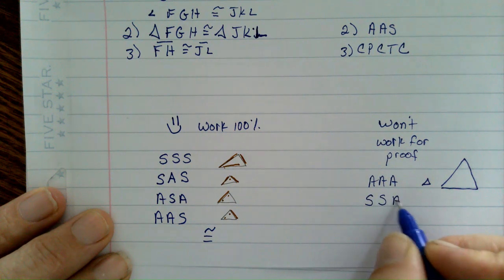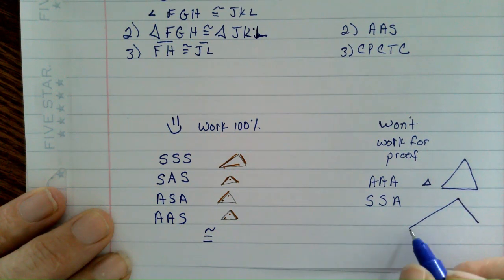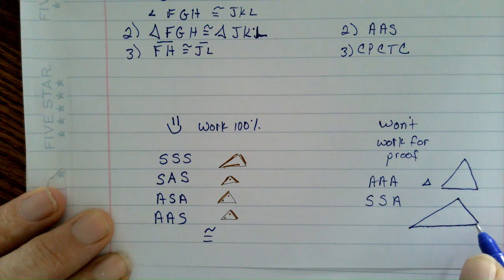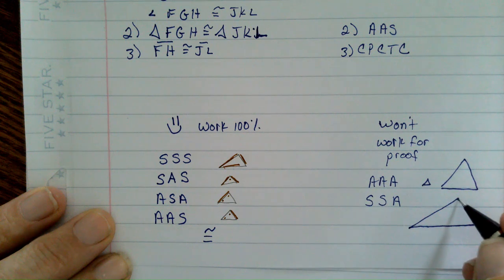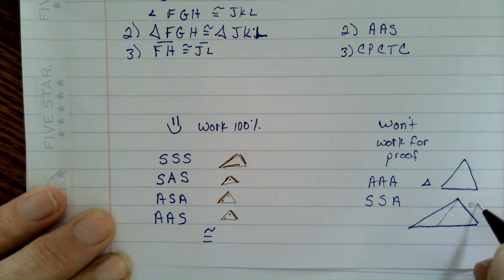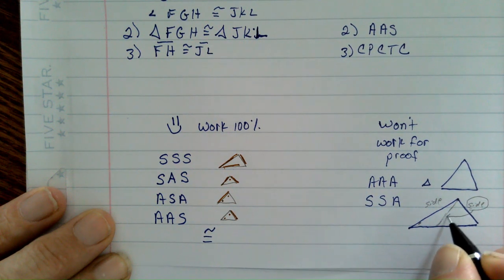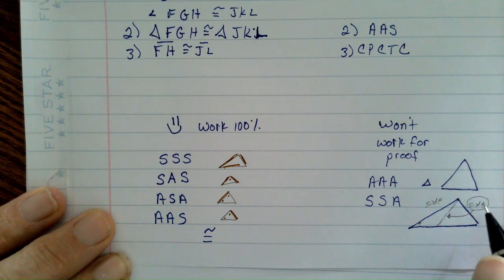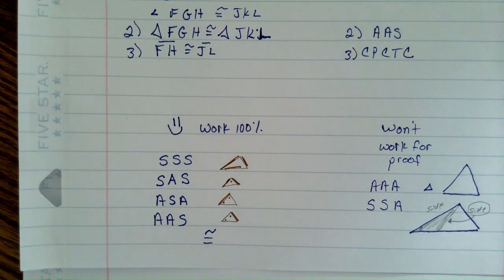Side, side, angle. And again, the reason why side, side, angle doesn't work is because this side length, if I were to swing it in, if I were to do side, side, angle, this side could have been swung back in and still had the same side, side, angle, but this triangle right here is not the same as that acute triangle that I drew to begin with.